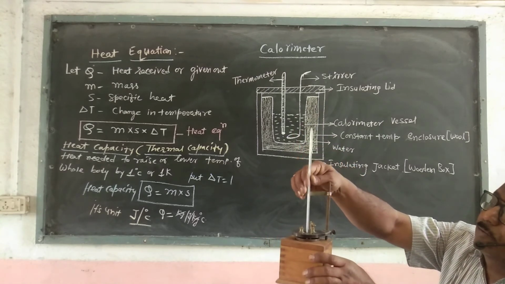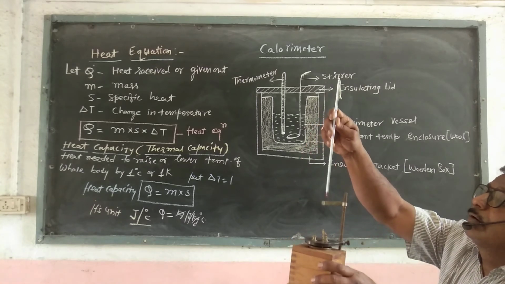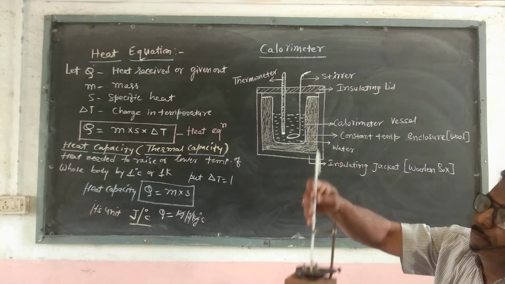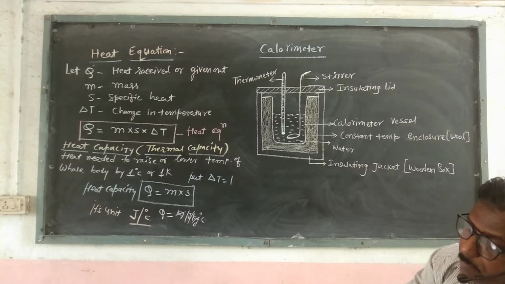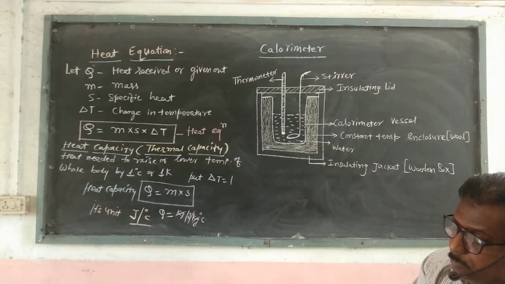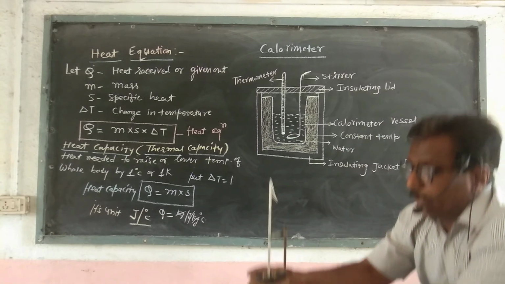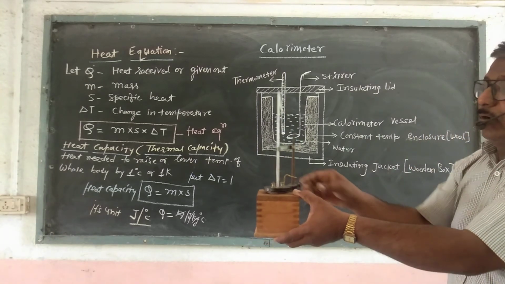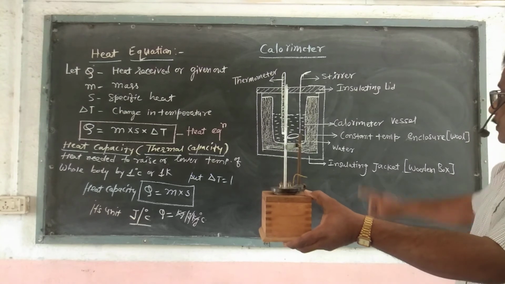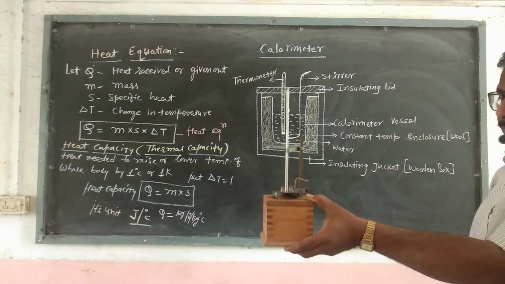So that is the thermometer. That is the total arrangement of the calorimeter which you have seen in our diagram.